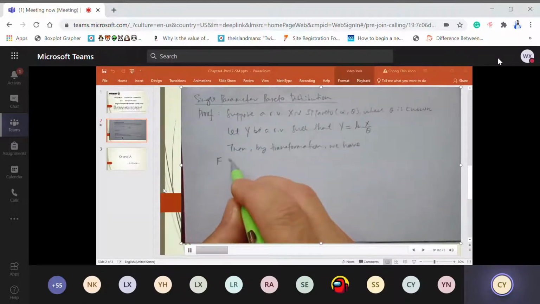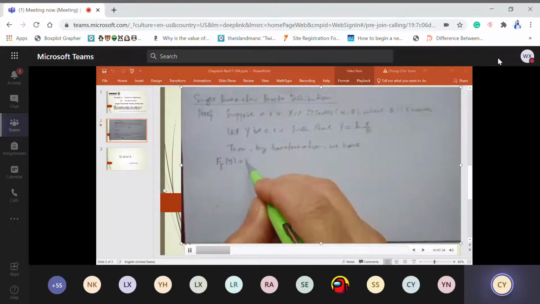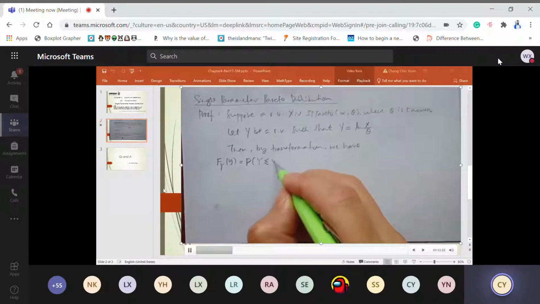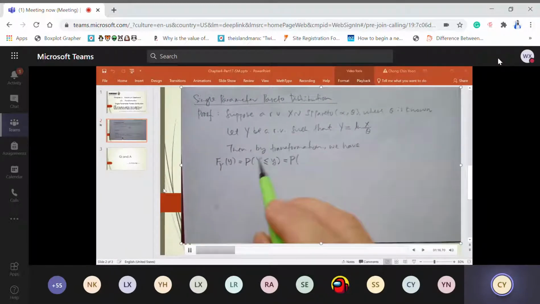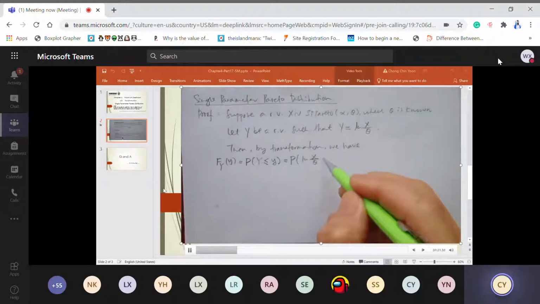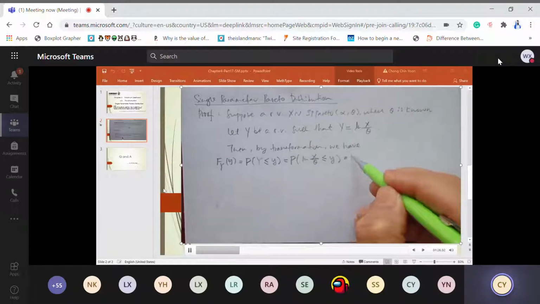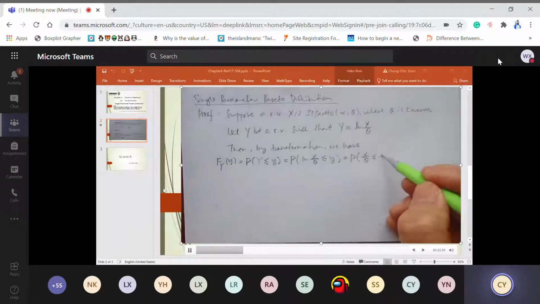The CDF at the y value of random variable Y is equal to the probability that Y is less than or equal to y. Now we substitute Y as log X divided by theta, which is less than or equal to y. And so X divided by theta is less than or equal to e to the power of y.